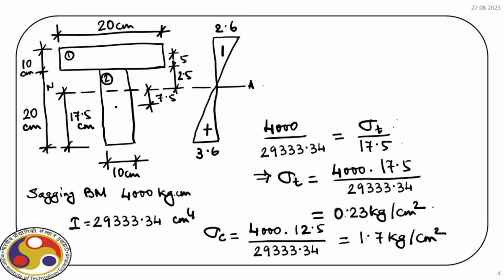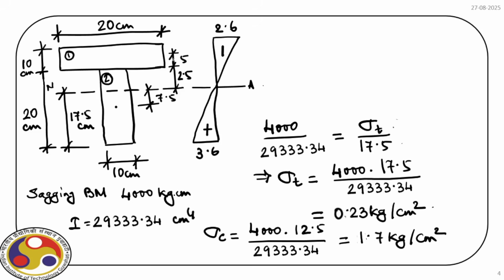So now if you have different built-up sections, you can easily find out the moment of inertia of the respective cross section and the location of the CG. And once you evaluate these two informations, you can apply the bending stress distribution model that we have developed, which is a linear distribution across the cross section.